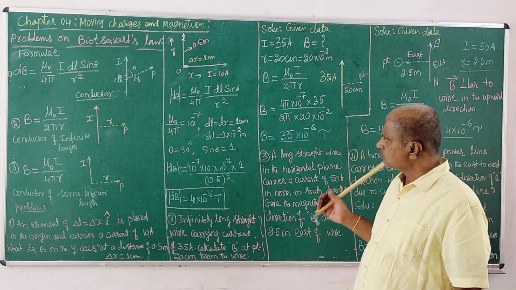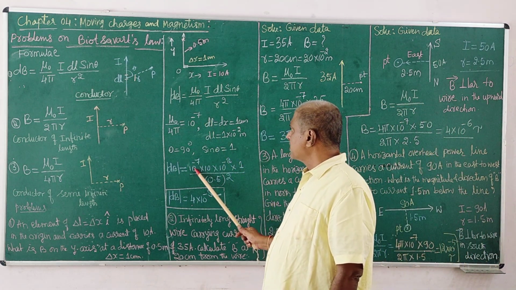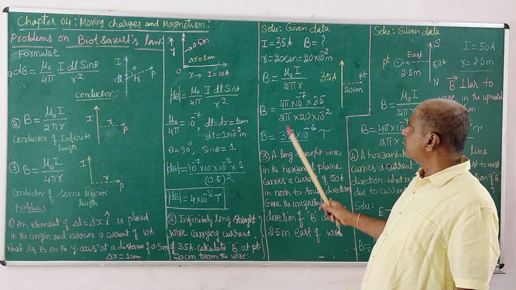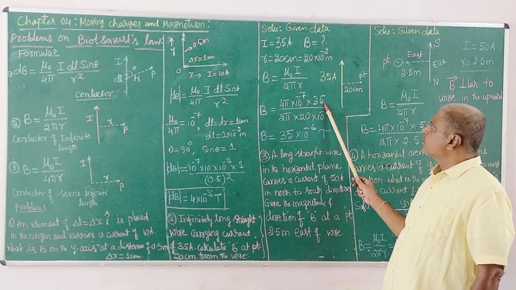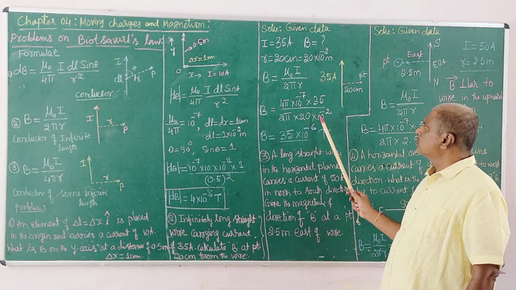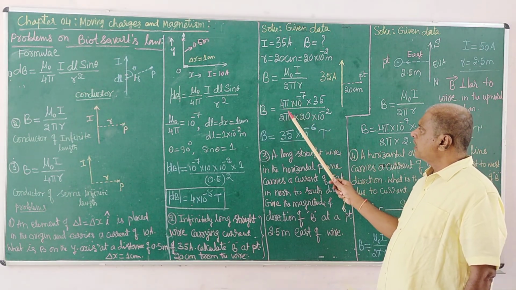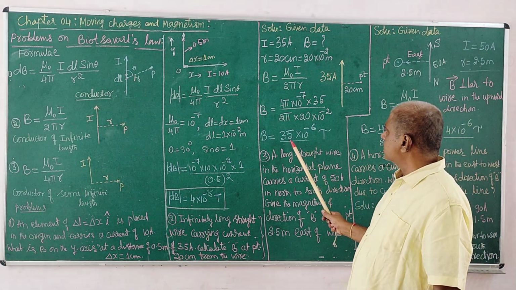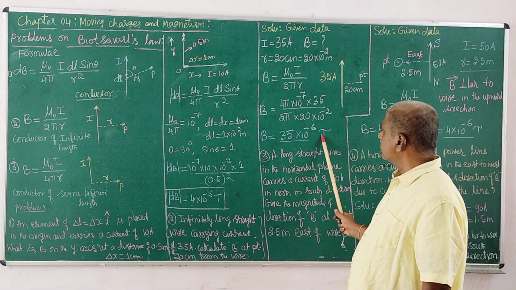Since mu naught by 4 pi is 10 to the power of minus 7, mu naught equals 5 into 10 to the power of minus 7. I value is 35, 2 pi, and R value is 20 into 10 to the power of minus 2 in SI unit. Simplify, pi cancel, and simplify this. You get 35 into 10 to the power of minus 6 Tesla, B value.